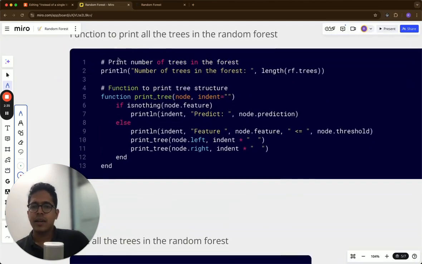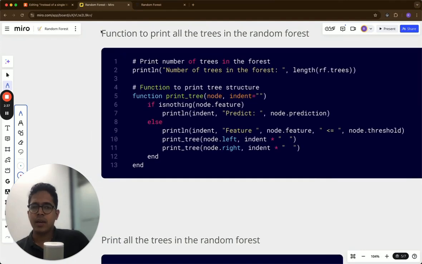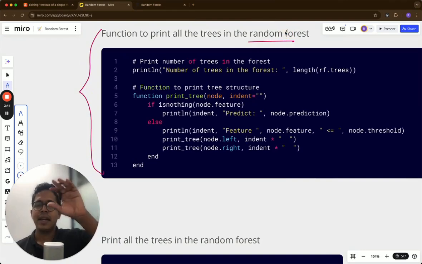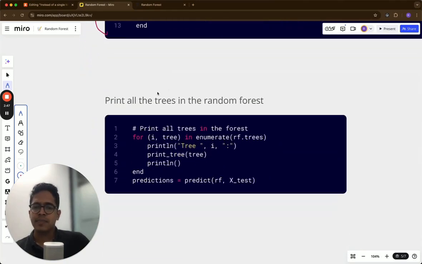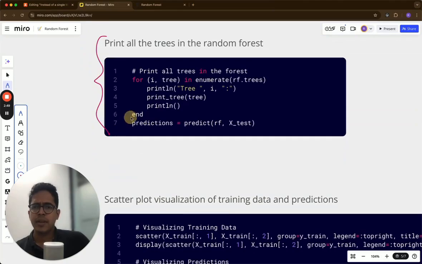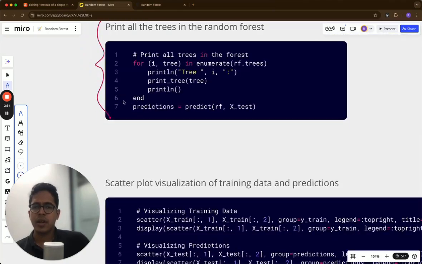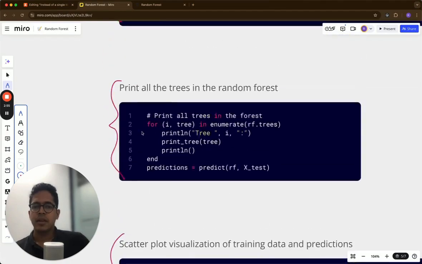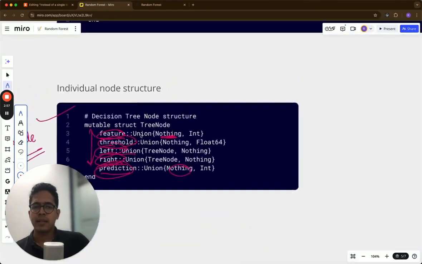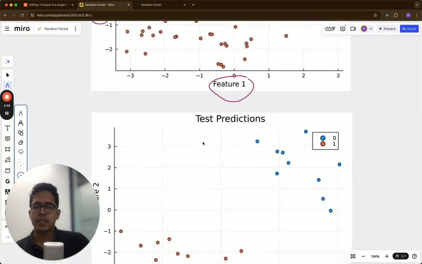So here I have written a function to print the individual tree structure in the random forest in an indented fashion. I will show you how this looks. I don't want to go into the details of print. And then here you are calling the print function. This is just a function, and here you are calling it. And this makes the scatter plot visualization, for making a plot that looks like this over here. Something that looks like this.